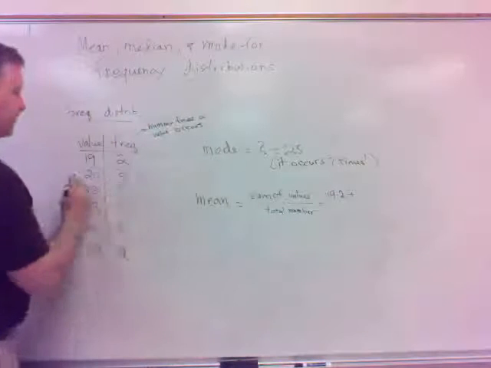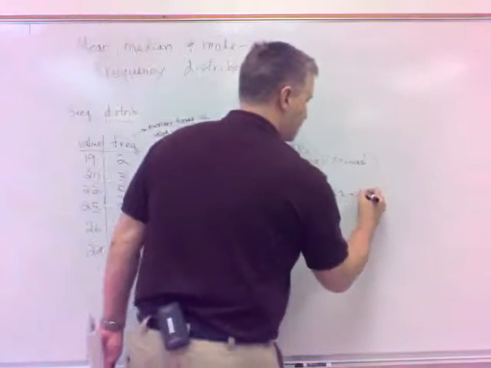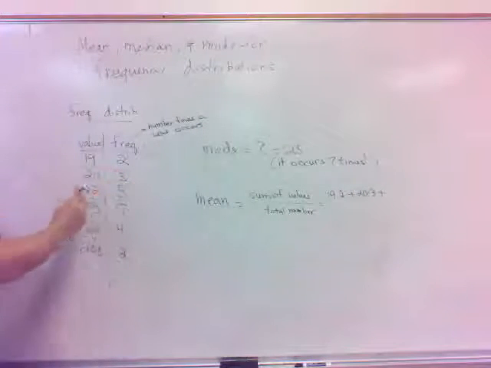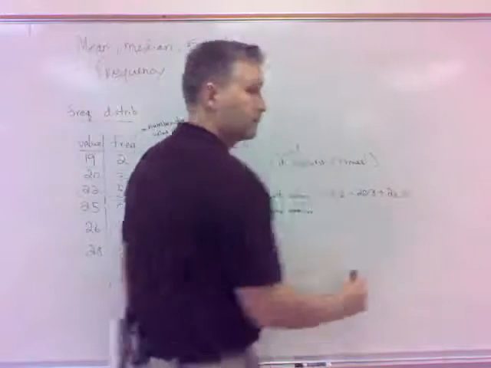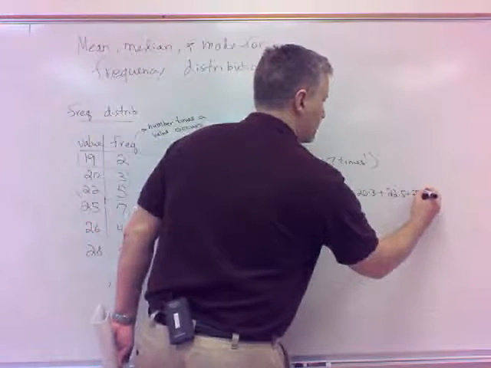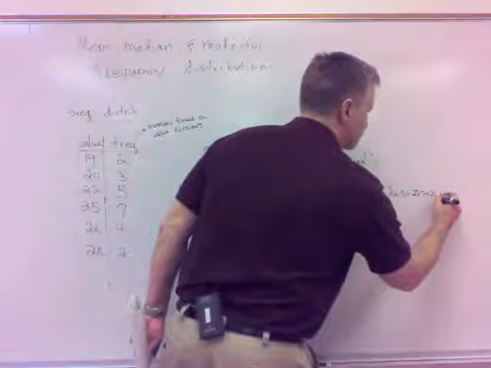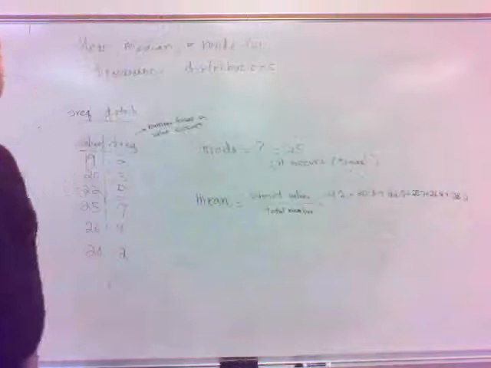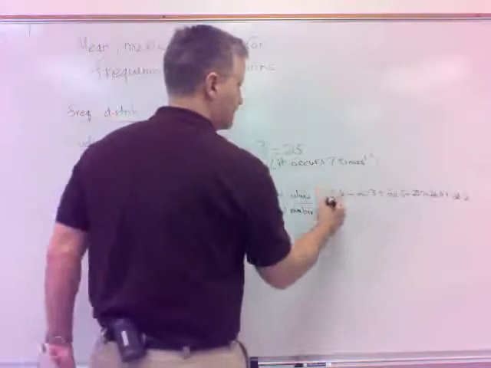And then for the 20s, couldn't I get the total there, 20 times 3? Yeah, so just multiply each value times its frequency. 20 times 3, 22 times 5, 25 times 7, 26 times 4, and 28 times 2. So multiply every value by its frequency, okay, and add those together.